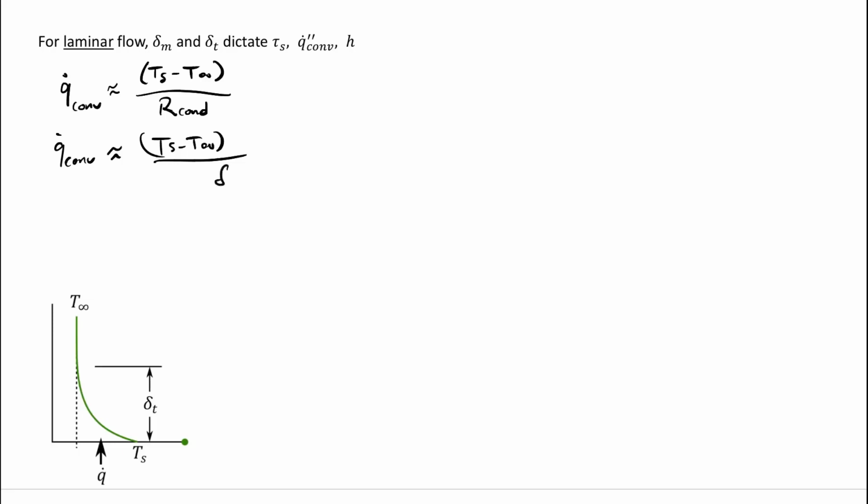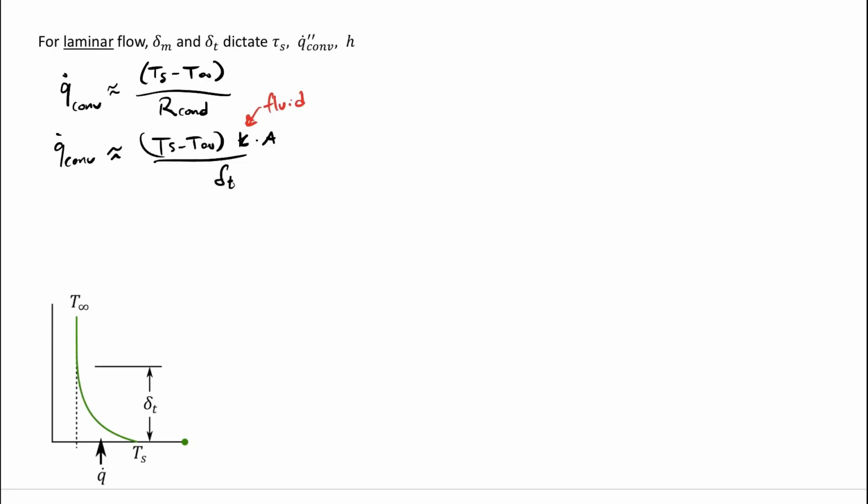So I have delta T in the denominator, and then K times A, so my resistance is 1 over that. I'm conducting a distance delta T. K is, importantly, the fluid's conductivity, not the surface's. We're conducting through the fluid here. And A is just the exposed surface.